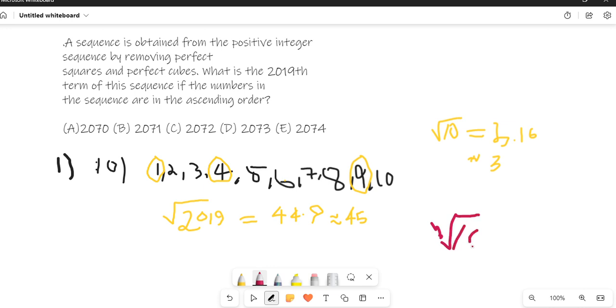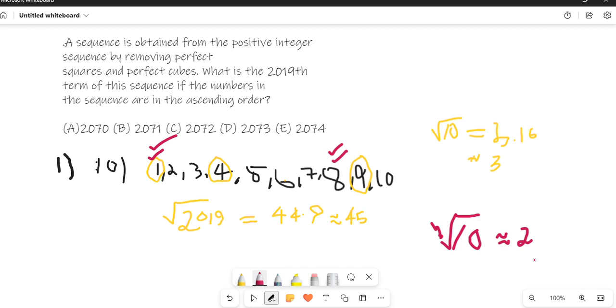If we take the cube root of 10, we get 2.15, which is approximately equal to 2. And we know that there are two perfect cubes before 10, that is 1 and 8. These two are the perfect cubes before the number 10. So this is the first thing you all should know in order to solve this question.